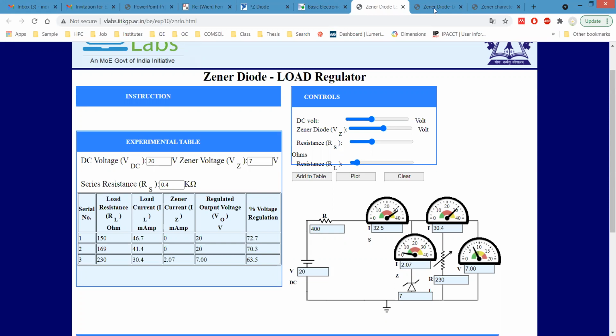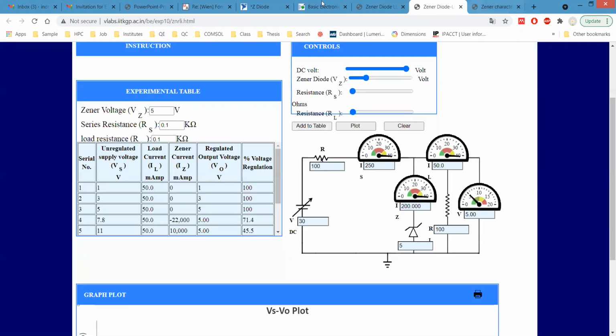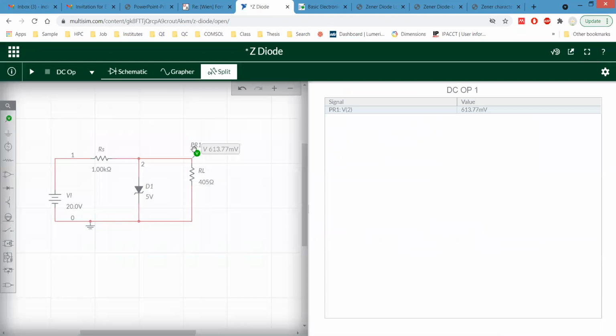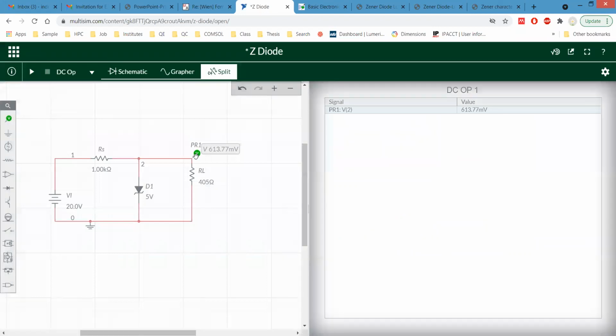I don't know why it is coming. Could you please tell me what is wrong in this circuit? I did some mistake, could you please tell me what is that?